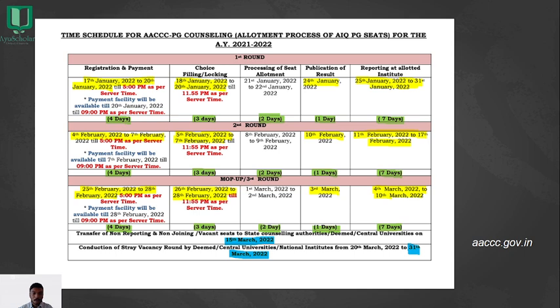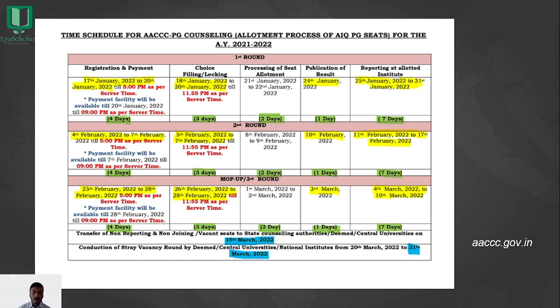Coming to the third or mop-up round, registration and payment will run from 25th of February till 28th of February, a time window of 4 days. Choice filling or locking will be allowed from 26th of February till 28th of February. Publication of result will be on 3rd March, and the time window given for reporting at the allotted institute is 7 days, from 4th March to 10th March.